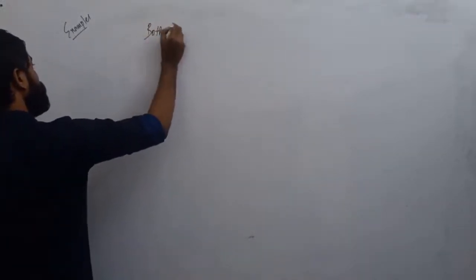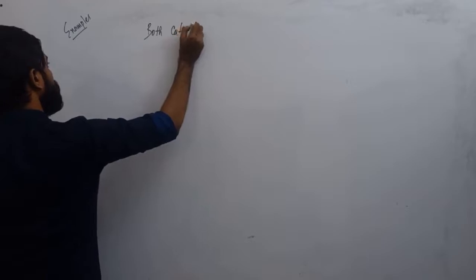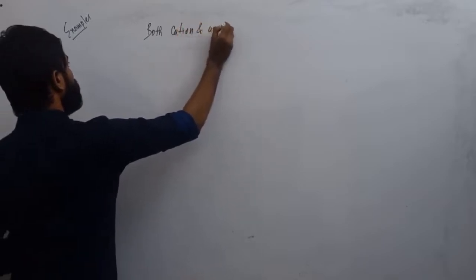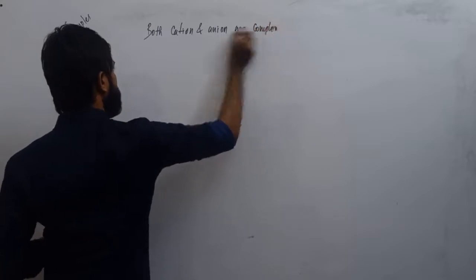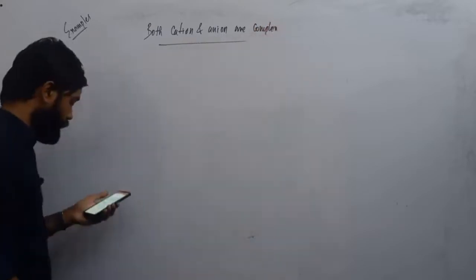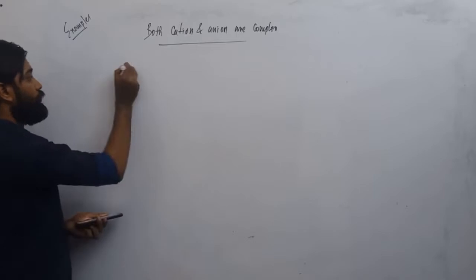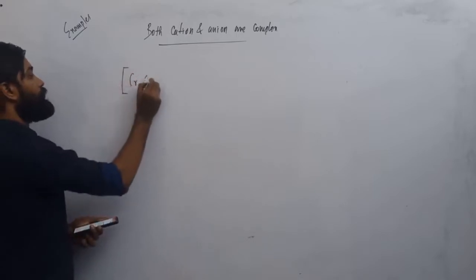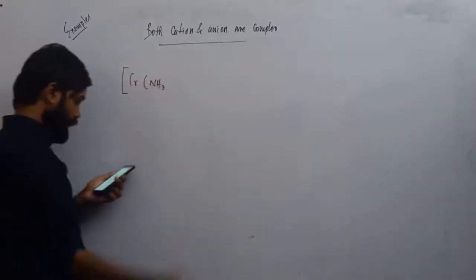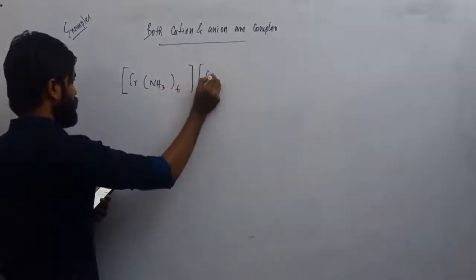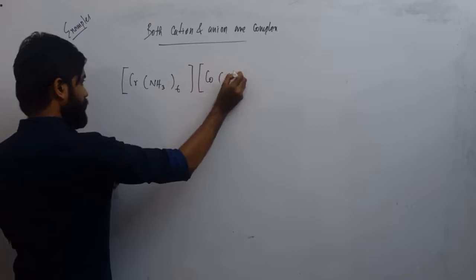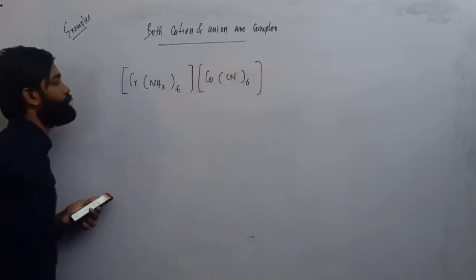Both cation and anion are complex. The category where both cation and anion are complex. Okay, fine. So I'll give you some examples. The first one, Cr NH3 6 times, all of Co CN 6 times.